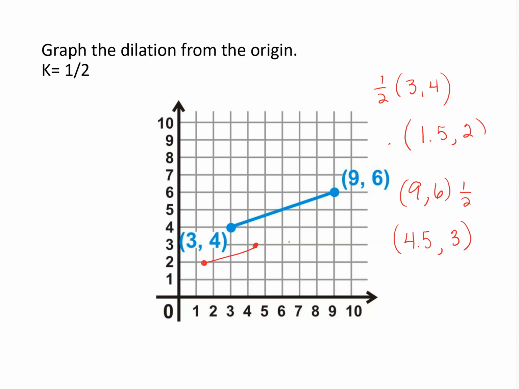Each point is half the distance from the origin that it used to be. So we can kind of see that. Also notice the pathway from your point of dilation, the origin, is going to go through both points.